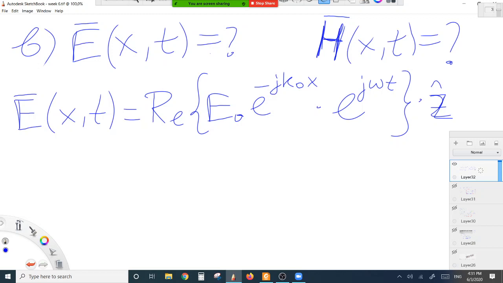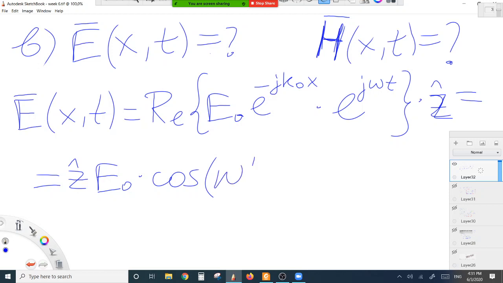So what will be the result? The result will be, let me write first unit vector z, E0 times the real part, which is cosine of omega t minus k0 x.